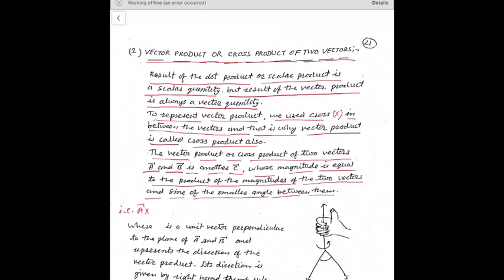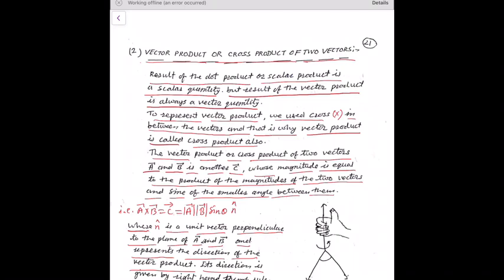That is, A vector cross B vector is equal to C vector, or is equal to magnitude of A vector, magnitude of B vector, sine theta n cap, where n cap is a unit vector perpendicular to the plane of A vector and B vector and represents the direction of the vector product. Its direction is given by right hand thumb rule.